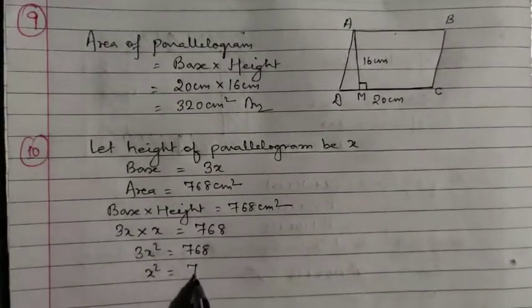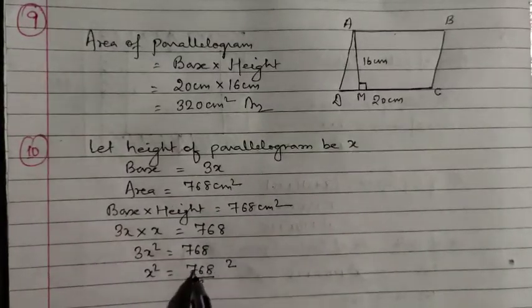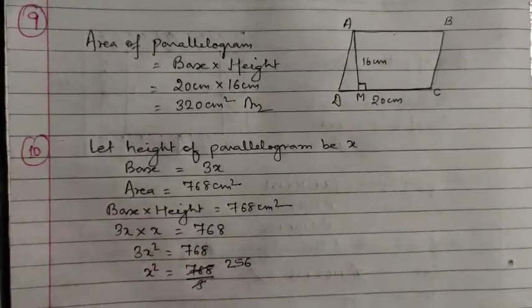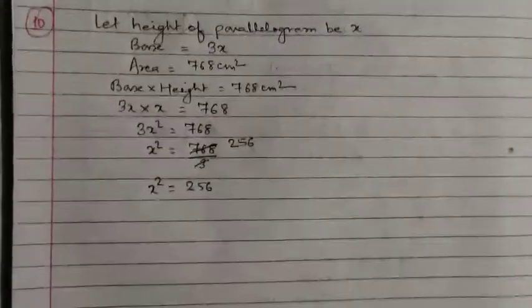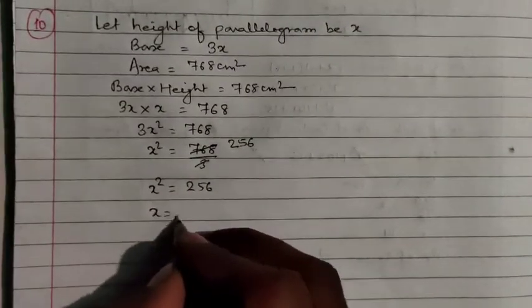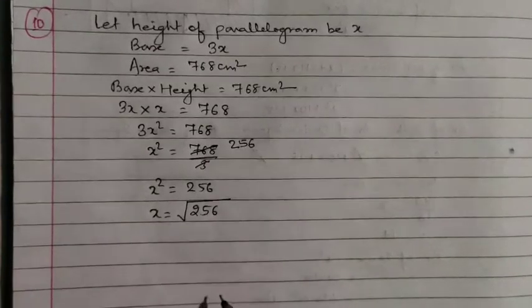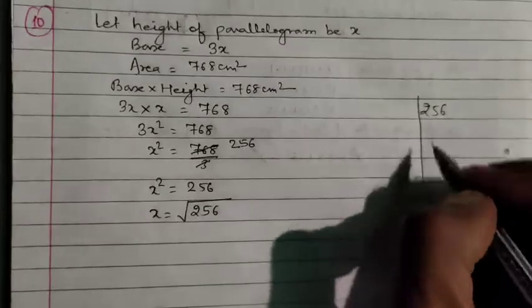X square is equal to 768 by 3. 3 into 2 is 6, carry 1. 3 into 5 is 15, carry 1. 3 into 6 is 18. X square is equal to 256. In the next step, x is equal to under root 256. Now we have to calculate the root of 256. How we will calculate? First we will factorize 256.